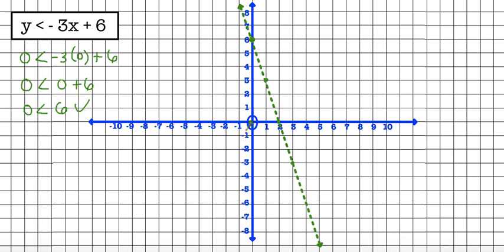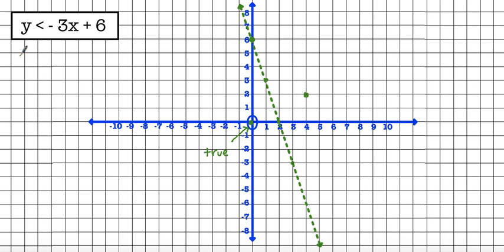So now let's just double check that a coordinate on the other side is not true. We could pick any point that we want to pick. So if we wanted to, we could pick (4, 2).